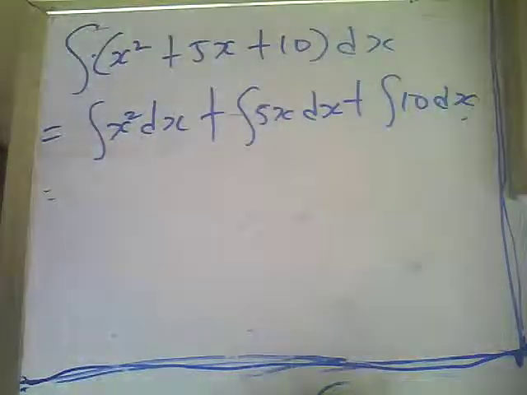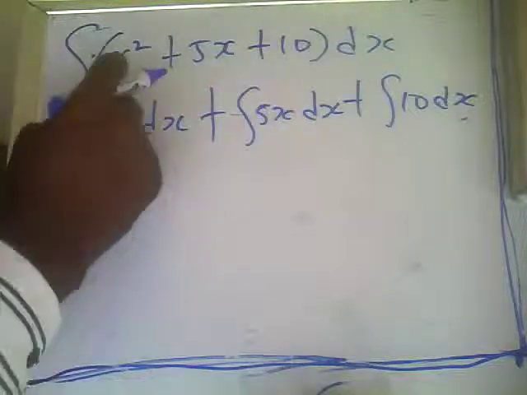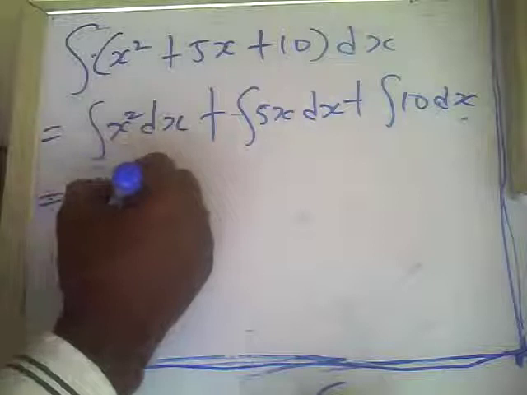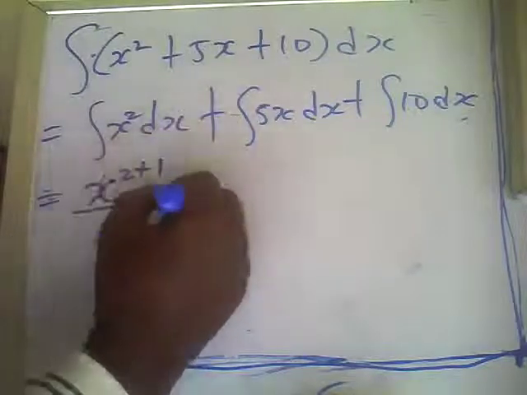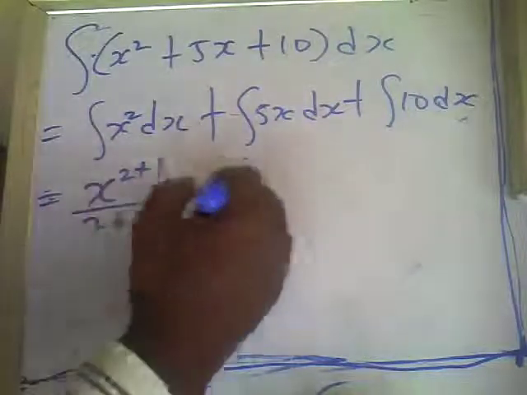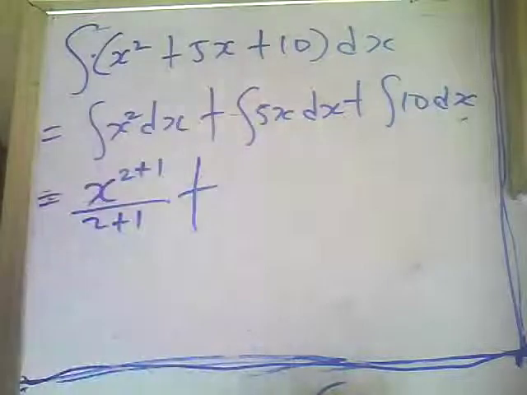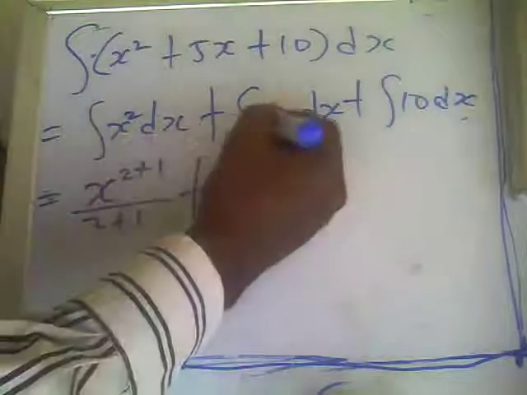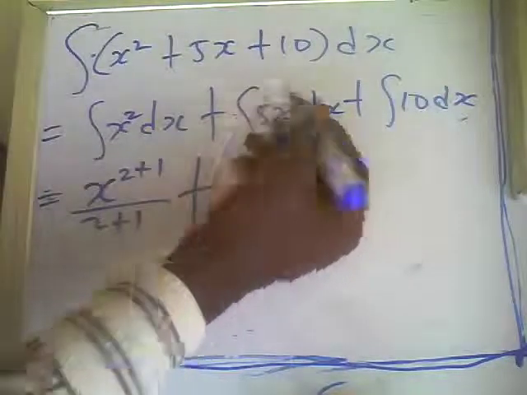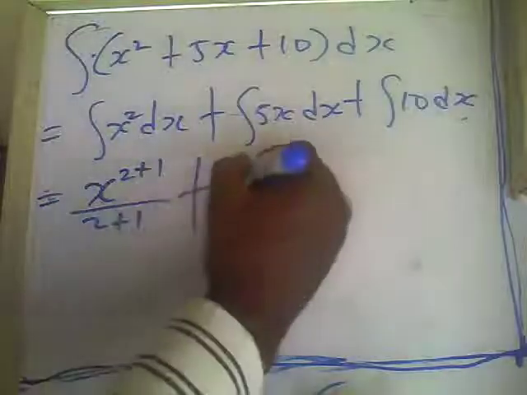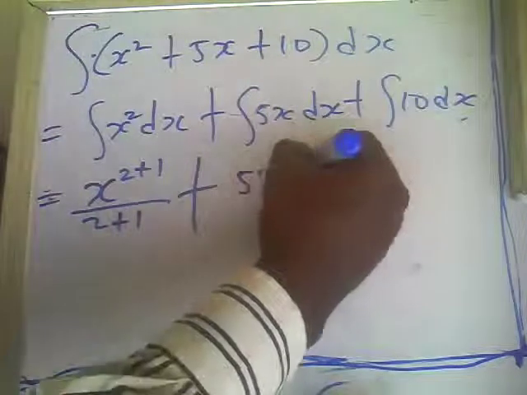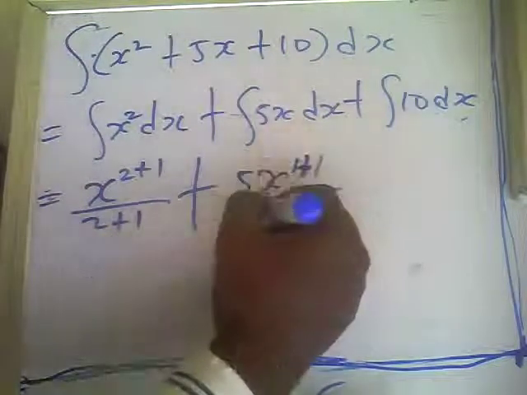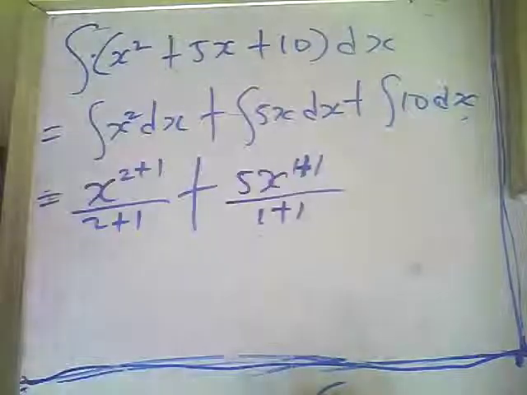When you integrate x to the power 2 dx, from what I've taught earlier, it's going to be x to the power 2 plus 1 all over 2 plus 1. Then we integrate 5x dx. This 5 is just a multiplier; it does not really change. So it's going to be 5x to the power 1 plus 1, all over 1 plus 1. We divide by the new power.